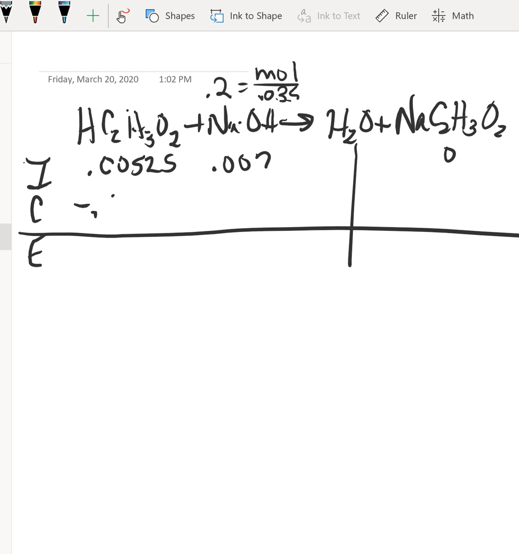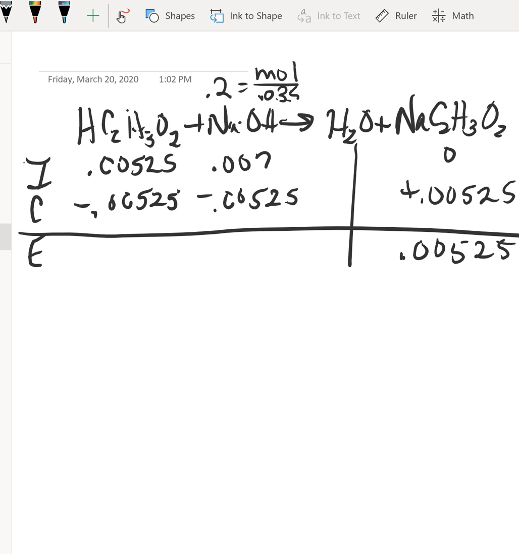Now this one's smaller, 0.00525. 0.00175.